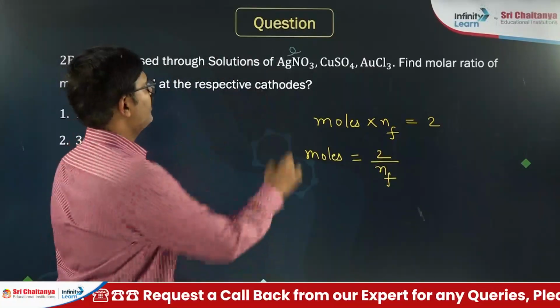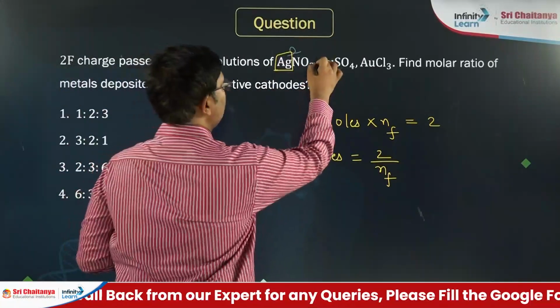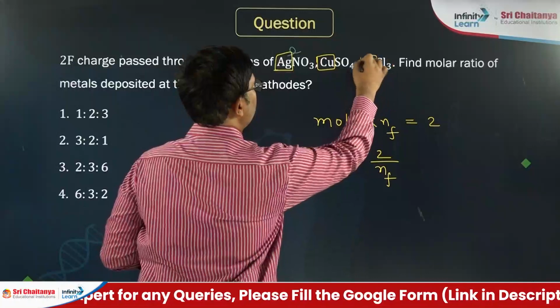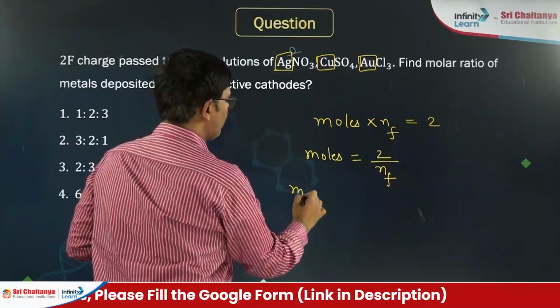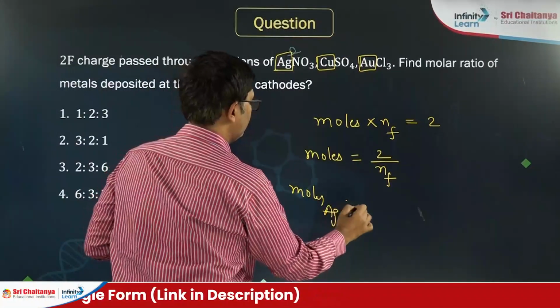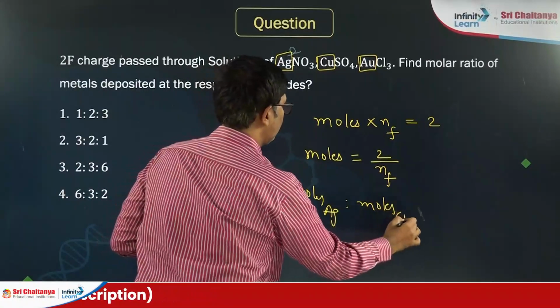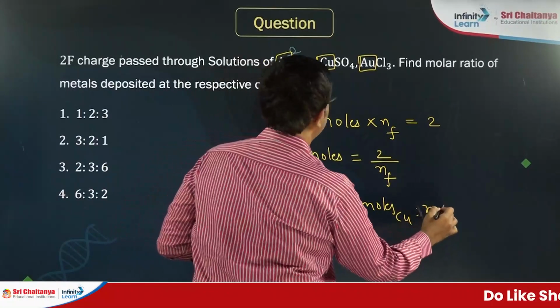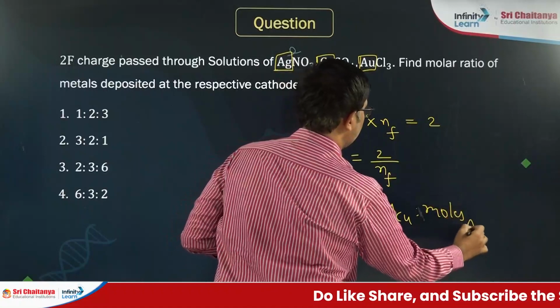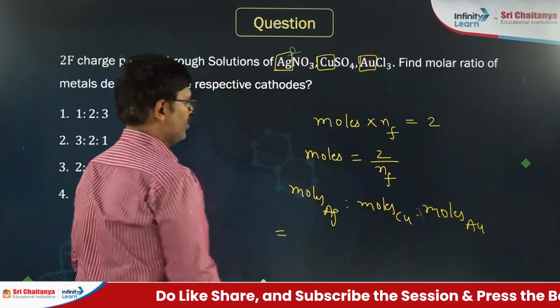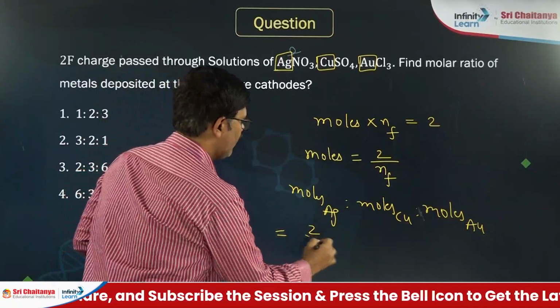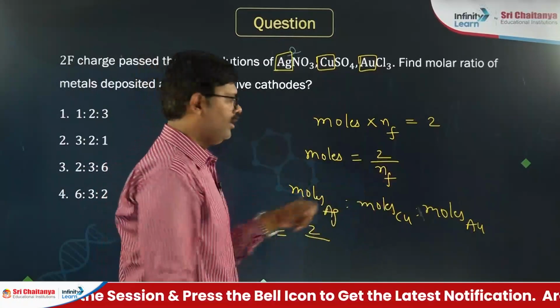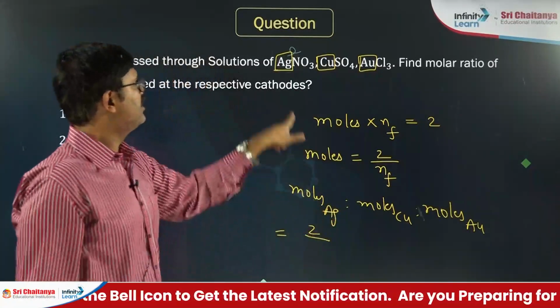So what is the metal in the first case? Ag, then copper, and the third one gold. So moles of Ag is to moles of copper is to moles of gold, which is what they are asking in the question, is equal to 2 by N factor for each. What is the charge of silver? Plus 1.